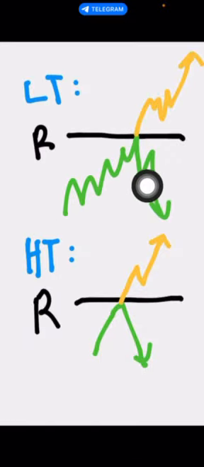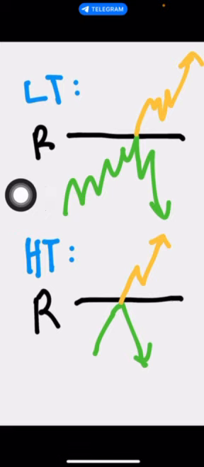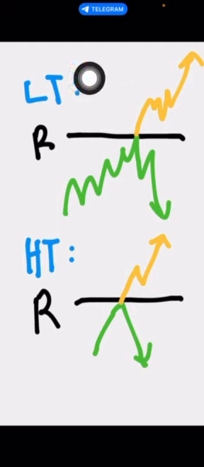Okay, so theoretically for SNR, if the lower time frame cannot break out, then the higher time frame cannot break out. Just like this. If it cannot break out the yellow one, you see, once the price comes, the price cannot break the previous support at the lower time frame, so the price will continue.